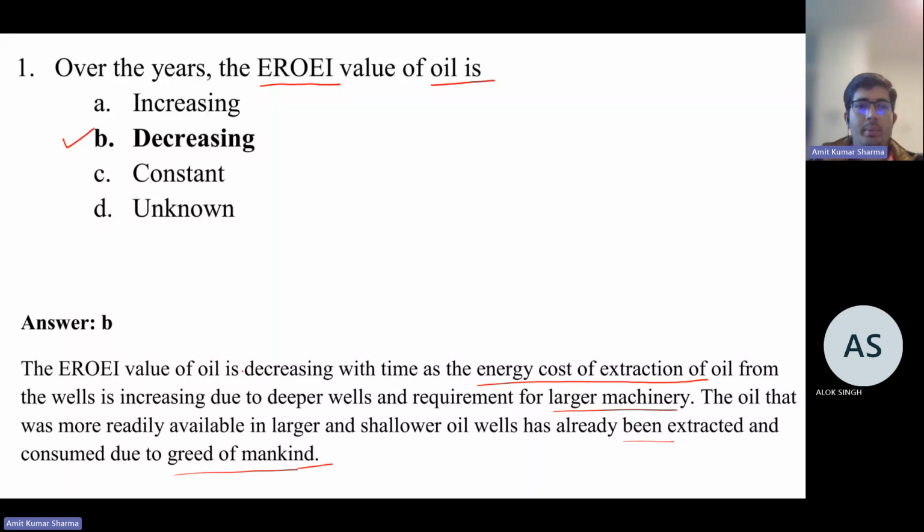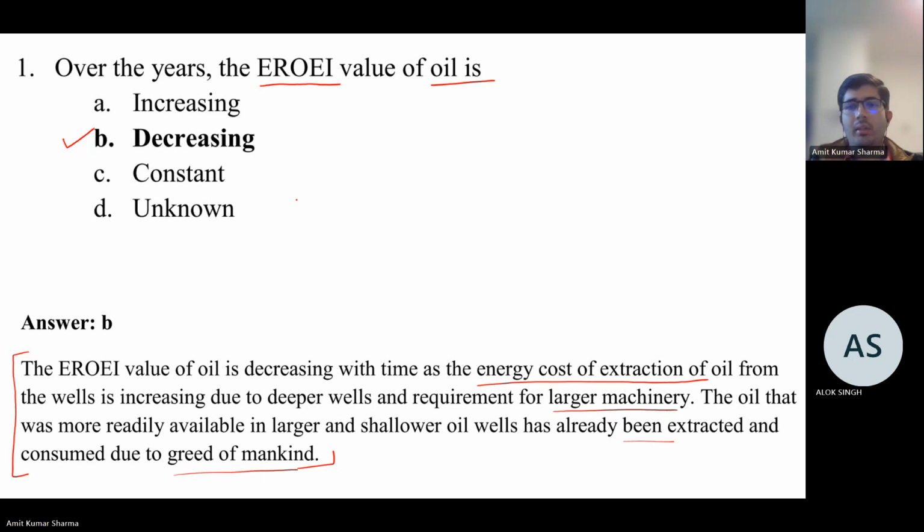Initially, when oil was discovered, it was very easily available, in very large quantity, so we never needed large machinery and all. So the EROEI was very high.